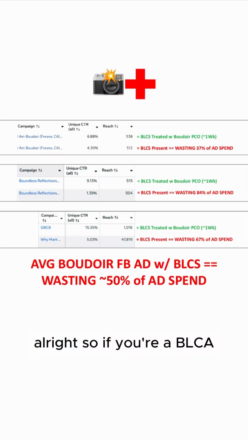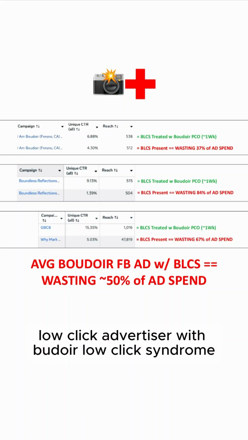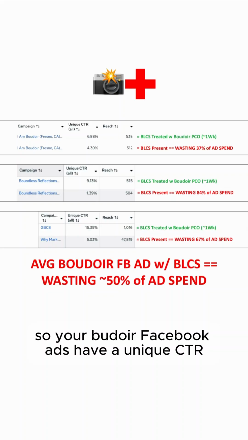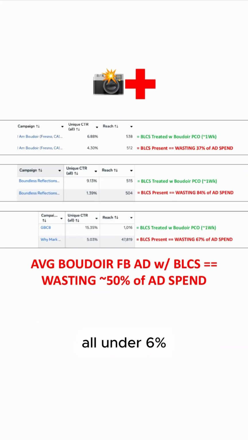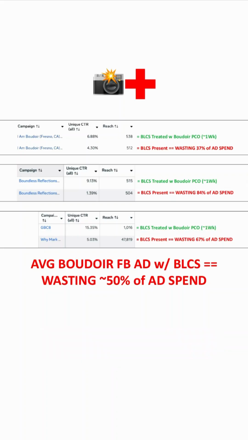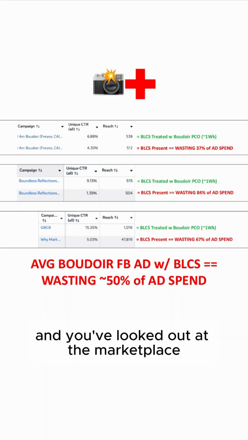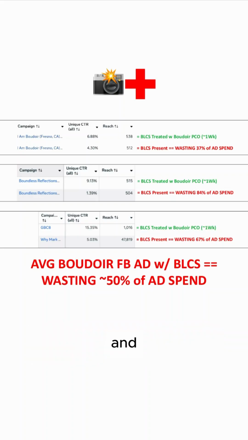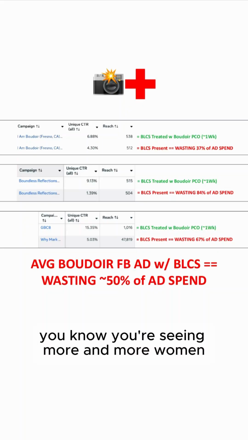All right, so if you're a BLCA with BLCS, so Boudoir low click advertiser with Boudoir low click syndrome, so your Boudoir Facebook ads have a unique CTR all under 6%, and you're spending more than 10 grand a month on Boudoir Facebook ads, and you've looked at the marketplace, seeing it get more saturated in your city, and you're seeing more and more women.